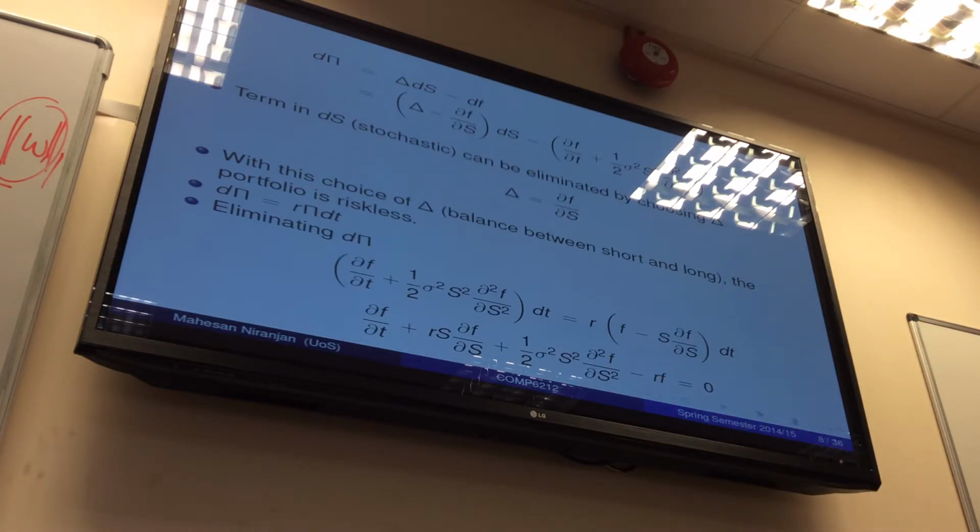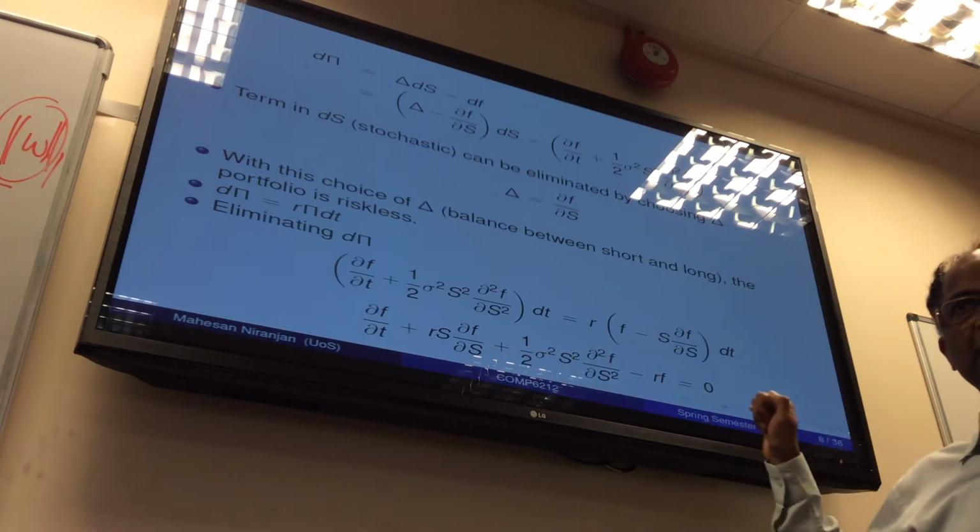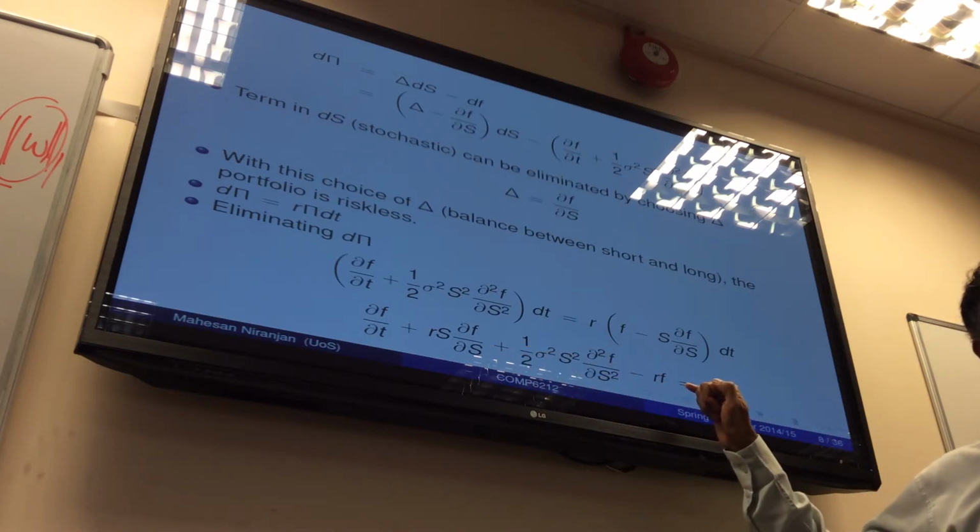Okay? So the underlying world is stochastic. By pretending that I am capable of holding a portfolio where the amount of stock that I have bought is the same as the way the underlying option price might change with respect to the stock price, then it turns out that I have a differential equation that's no longer stochastic.